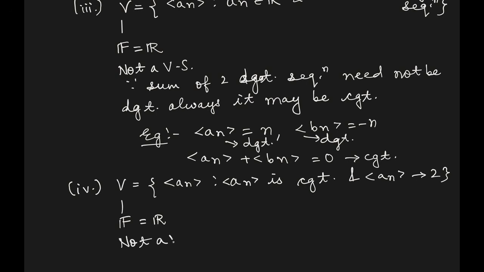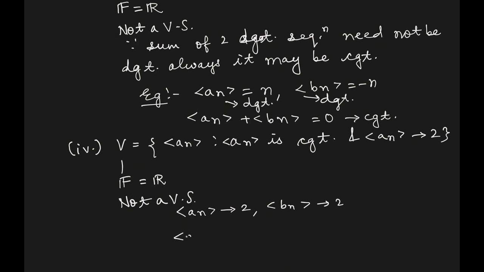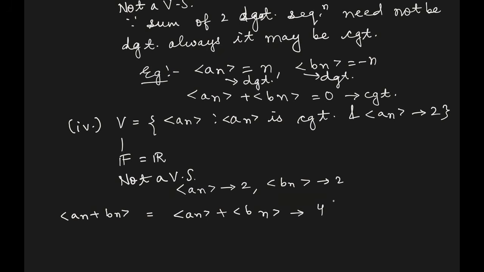Because the sum of two convergent sequences, then it will be 2 plus 2, 4. Limits will add. If sequence an converges to 2, sequence bn converges to 2, then sequence an plus sequence bn will converge to 4. So closure property fails.